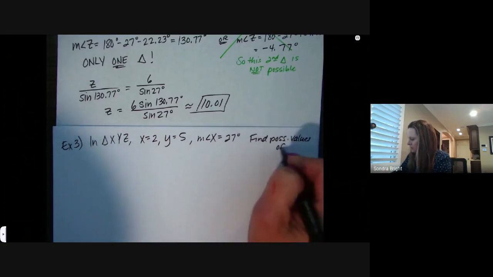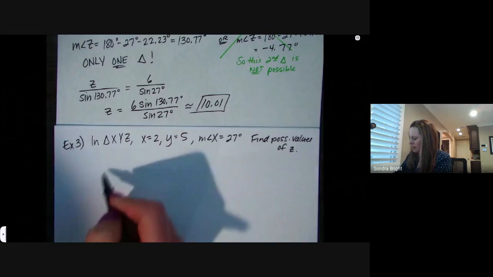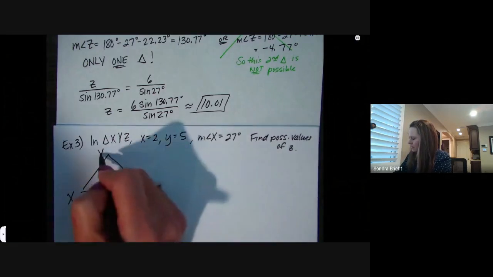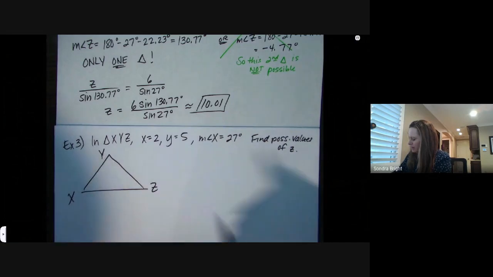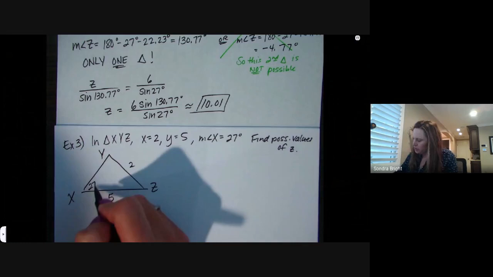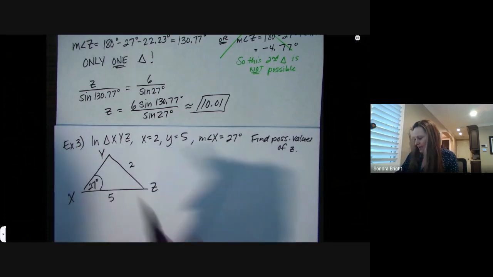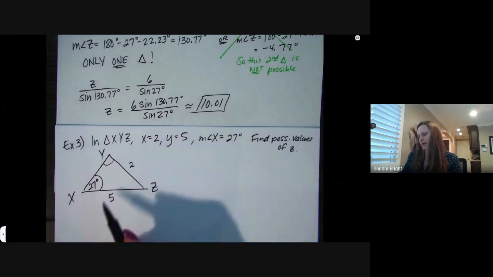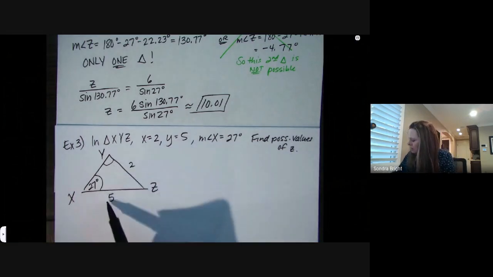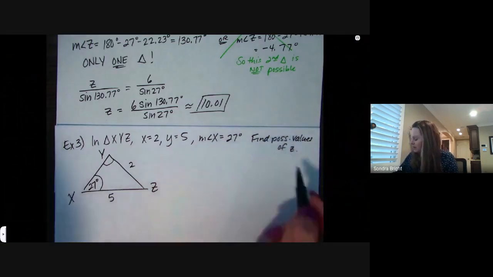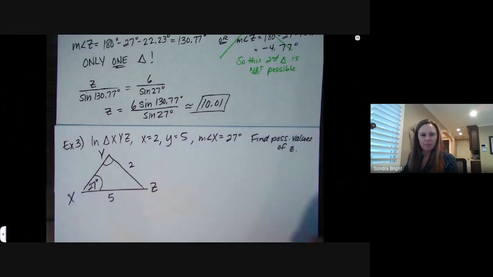So let's draw triangle XYZ: x is 2, y is 5, angle x is 27 degrees. I'll start off finding angle y again. It's the only one you can find, because you don't have angle z or anything. So side, side, angle, pain in your butt.